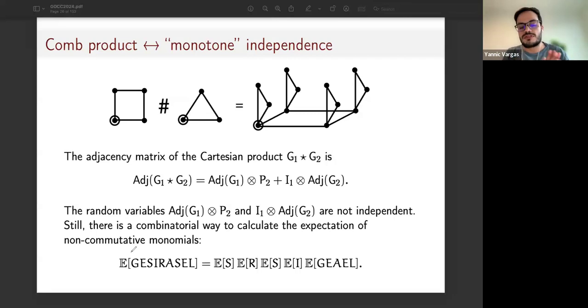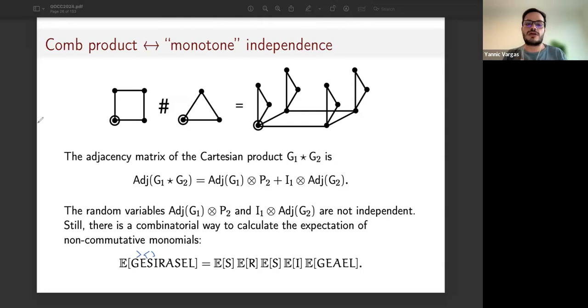Here, I'm considering the total order of the alphabet, A less than B less than C, and so on. And I'm looking at the peaks of the resulting word. So, for example, J is bigger than E, E is smaller than S, S is bigger than E, and so on. So S is a peak, so I put it outside and I repeat the process. So I get this factorization of the expectation of this monomial.